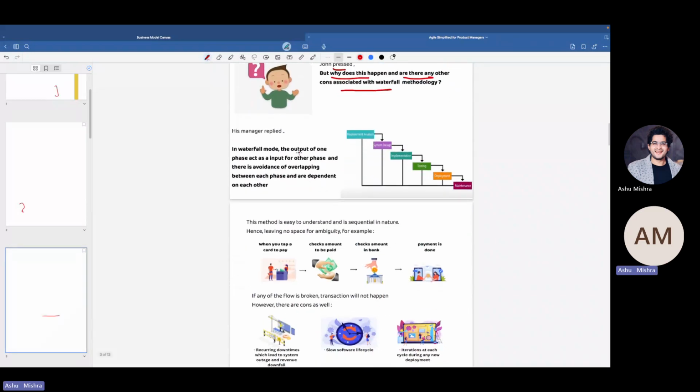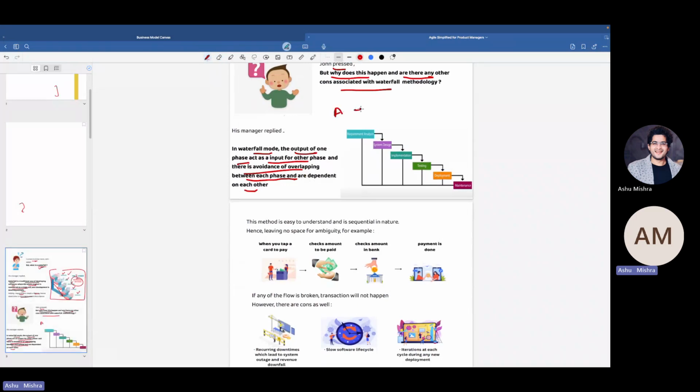So his manager replied, in waterfall mode, the output of one phase acts as an input for the other phase, and hence there is an avoidance of overlapping between phases, and they are dependent on each other. So what does John's manager mean here?